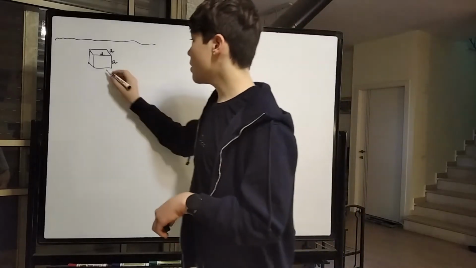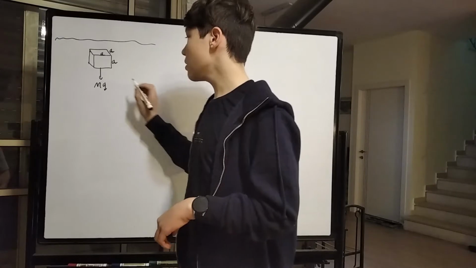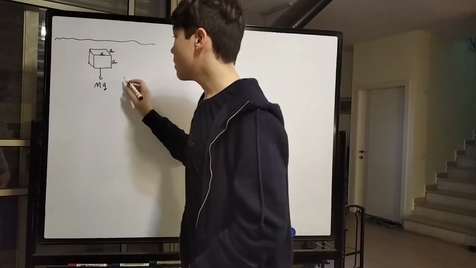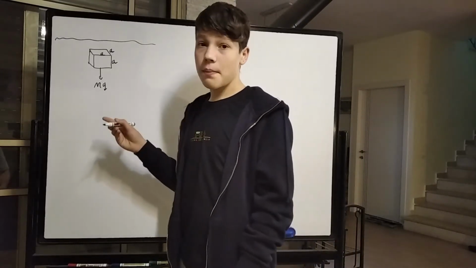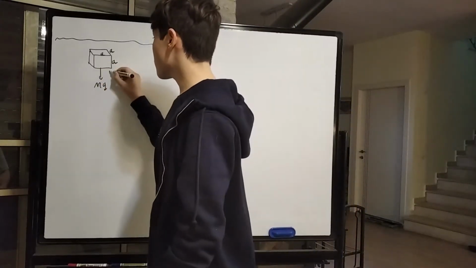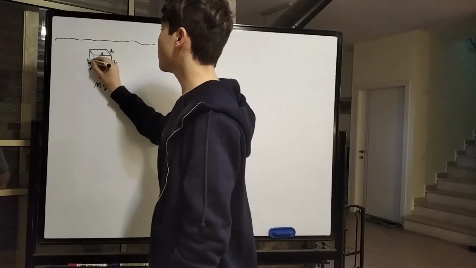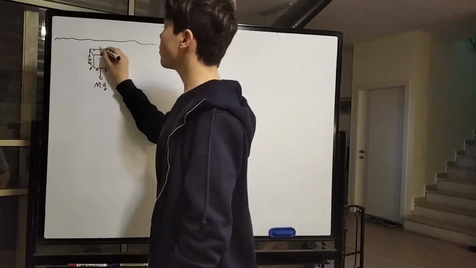Gravity, we know, is just mg. We don't know what the mass is yet, but we can easily find it. And then there's water pressure from all around it.